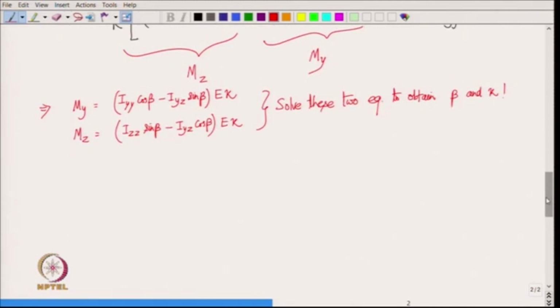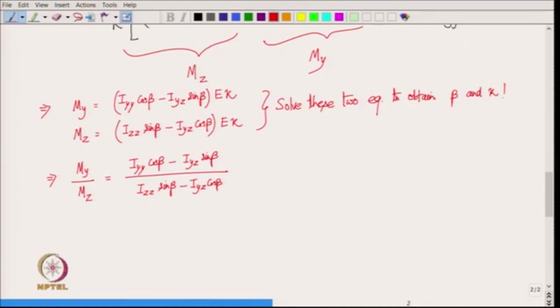What we can do is simply divide the two equations, and then we have M y over M z equal to I yy cosine beta minus I yz sin beta divided by I zz sin beta minus I yz cosine beta.